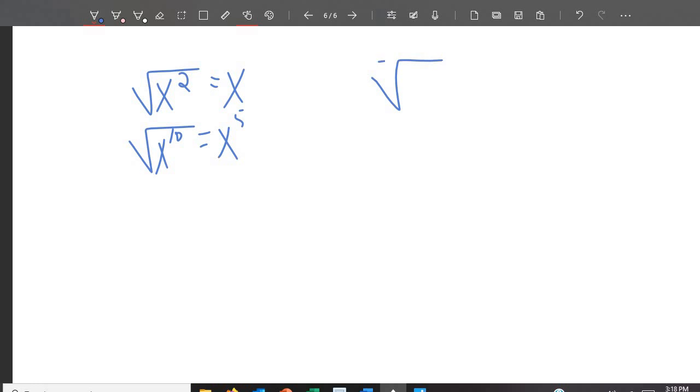If I had the cube root of x cubed, that's just x. If I had the cubed root of x to the 12th, well, you divide the exponent by whatever. Remember, this is called the index. So you divide the exponent underneath by the index, and that'll give you the answer without the root sign.